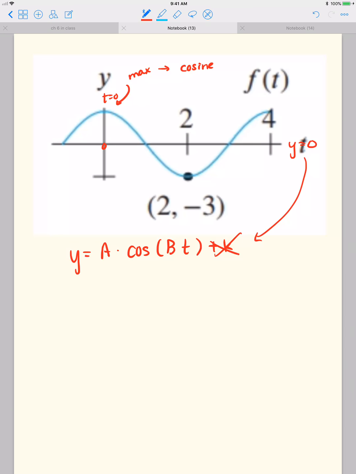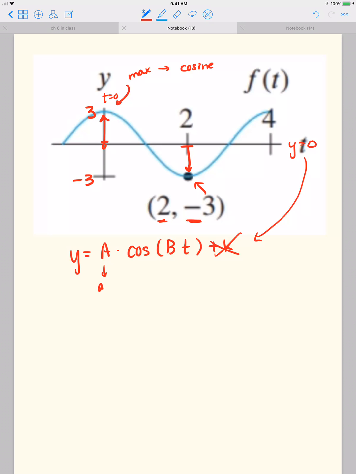Here's 0. The amplitude is defined by midline to a minimum or midline to a maximum. Because you're given that this coordinate point is 2, -3, -3 is the value for the y-coordinate, so +3 would be the symmetrical one up the y-axis, so this graph bounces back and forth between -3 and 3.